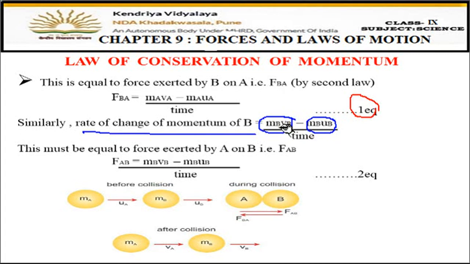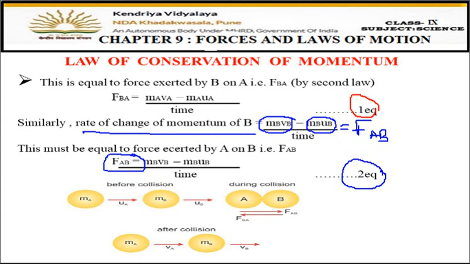So this will be mB vB minus mB uB, upon time, as we found for A. This rate of change of momentum in ball B is due to the force applied by ball A, so it is equal to FAB, the force applied by ball A on ball B. This is our equation number 2. I hope these equations are clear to you all. If you have studied the second law of motion clearly, this will be very easy to understand.